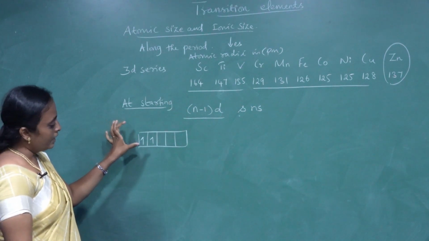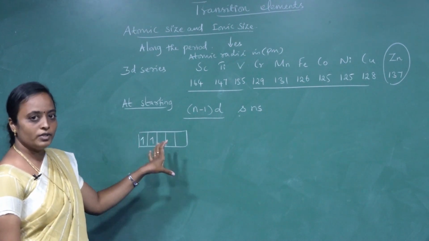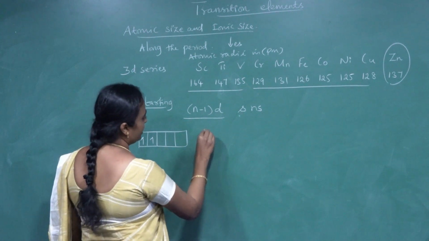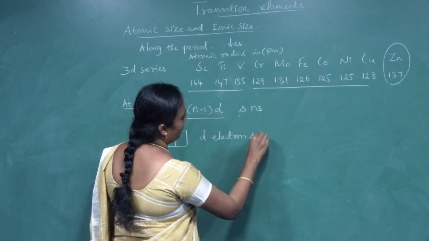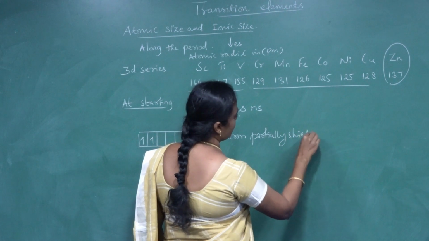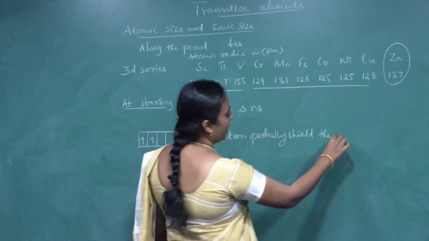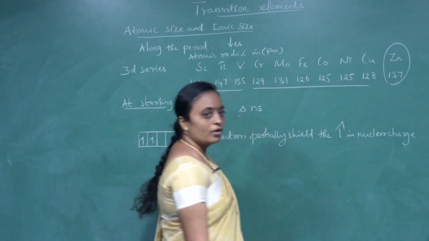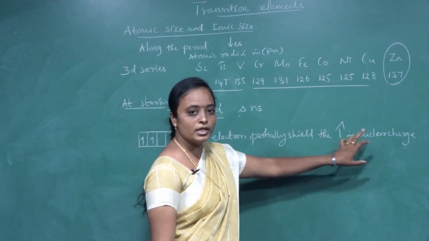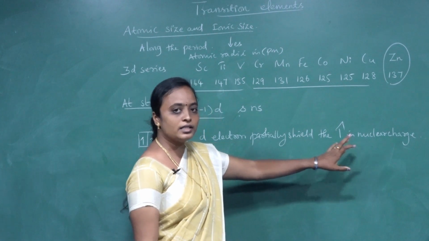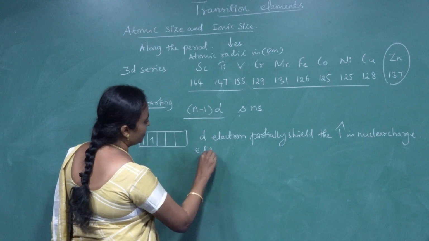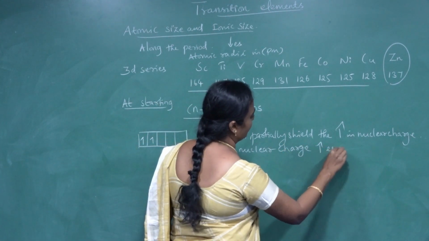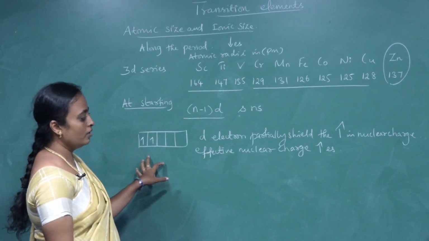Those added d electrons only partially shield the increasing nuclear charge, which means the effective nuclear charge increases.